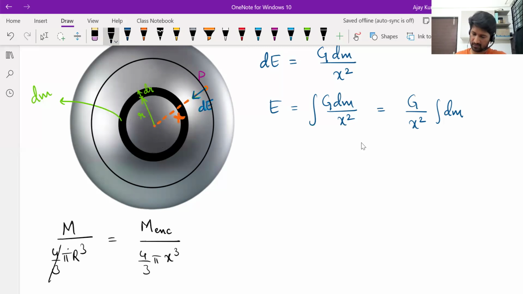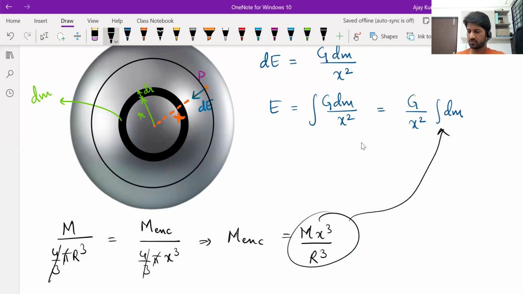That's all. 4 by 3 pi cancels. You get enclosed mass as total mass into x cube divided by R cube. And that is what is integral dm. That's all. So we have a formula for gravitational field inside a solid sphere also.